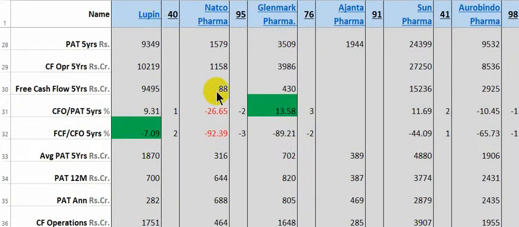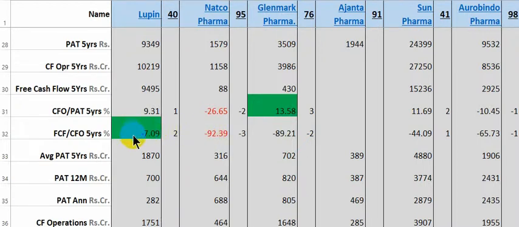That is, free cash flow was just 88 CR out of the 1158 that the company earned. Not only that, even in terms of CFO to PAT, it was not up to the mark, falling short by 26%. So in terms of both CFO to PAT and FCF to CFO, it has not done well.